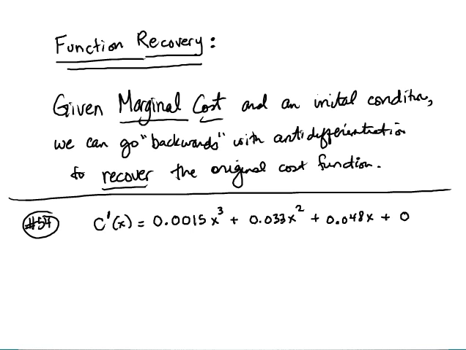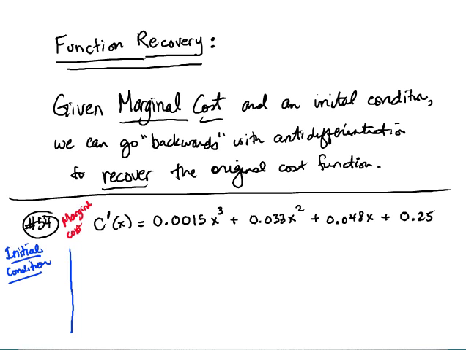All right, so they gave us this. This is marginal cost. Plus, they also gave us, and I'm going to put it over here on the left-hand column because we're not going to use it right away, but we will use it in a little bit, an initial condition.